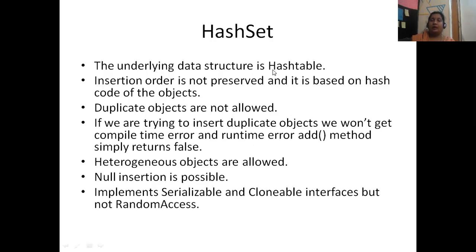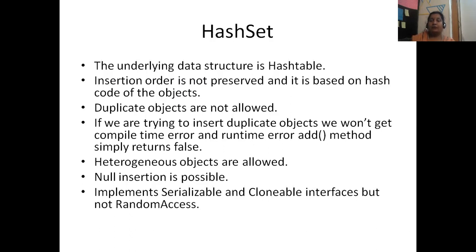You have known key mod hash table size. That is the formula. So insertion order is not preserved, and it is based on the hash code of the object. If suppose my hash table size is 10, my key value is 5. So 5 mod 10 is 5, the fifth position it will sit.